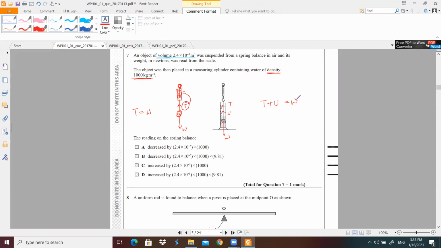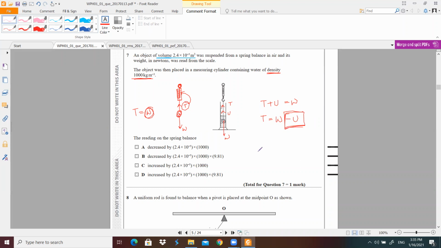The forces are still balanced. Now the tension is weight minus upthrust. So from the initial reading, the reading would decrease by how much? Decrease by the amount of upthrust.